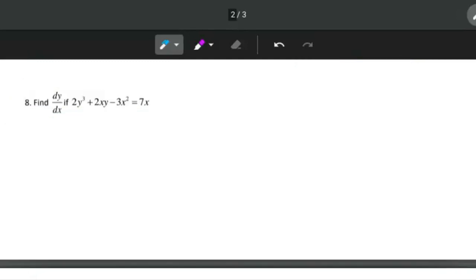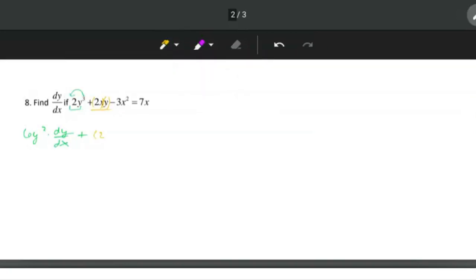So just be careful here in the middle. This 2x times y is going to be product rule. I think the rest of it should be pretty easy. So let's do each term separately. This first one, if we bring the 3 out in front, you get 6y squared times dy dx, plus, now we need to do our product rule.